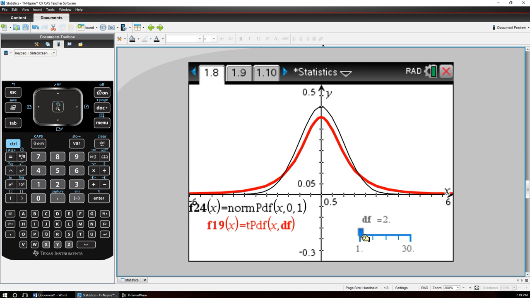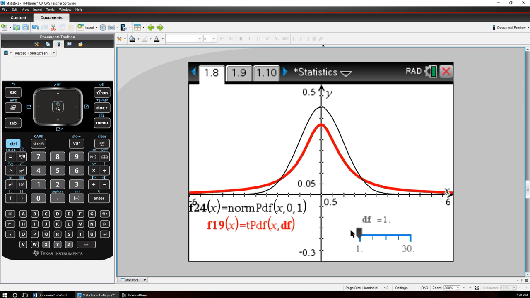So notice as the degrees of freedom gets bigger, it gets less and less variable. Standard deviation is bigger than 1 in all these, but as the degrees of freedom gets bigger, the standard deviation is closer and closer to 1. Now for reference, I've also got the black graph, which is the normal PDF X01, a standard normal PDF.